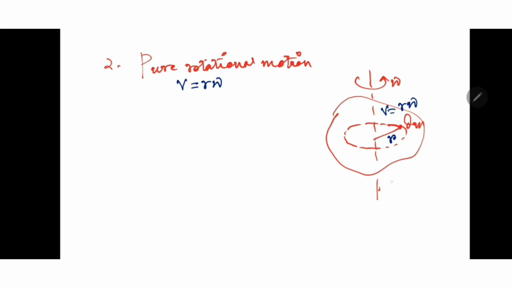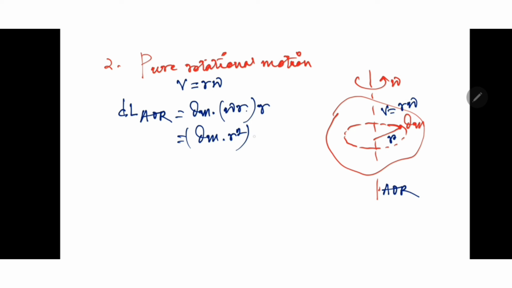Now with respect to this axis of rotation, dL about the axis of rotation equals dm into omega r into r. That means dm into r square into omega.